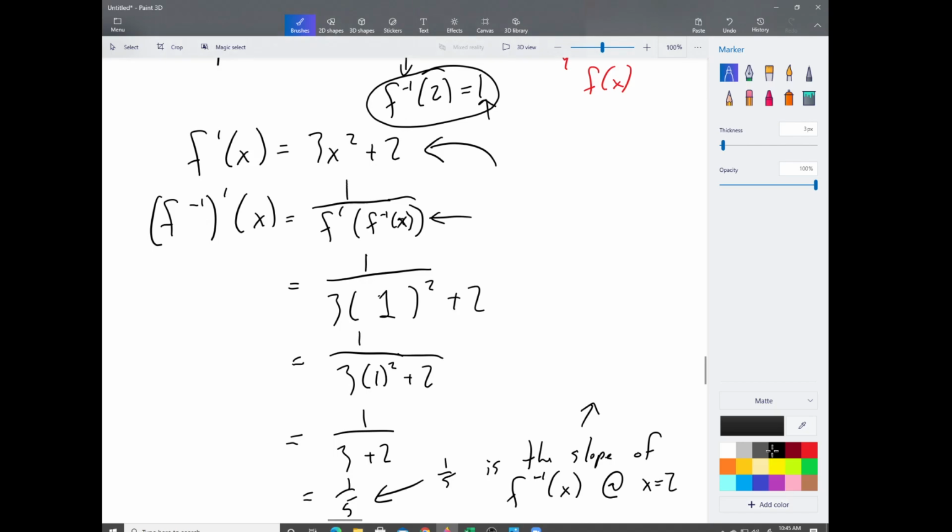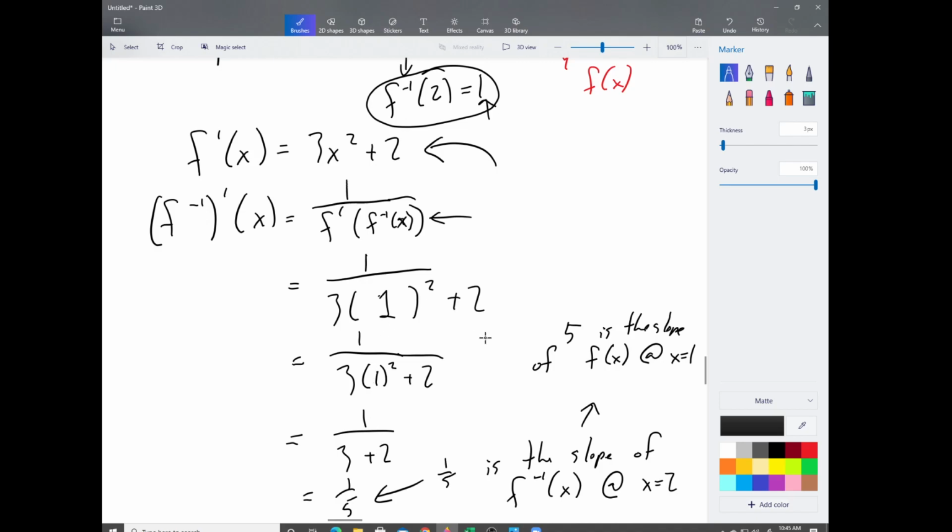And this also means that 5 is the slope of your original function at x equals 1. It might be easier for you to find the slope of your original function at x equals 1 and then just flip it upside down for the other one.